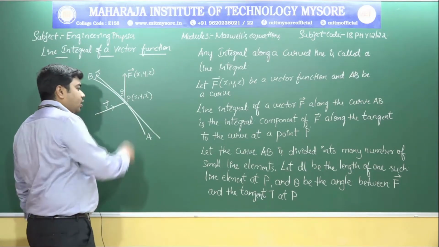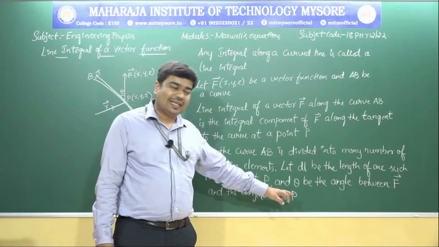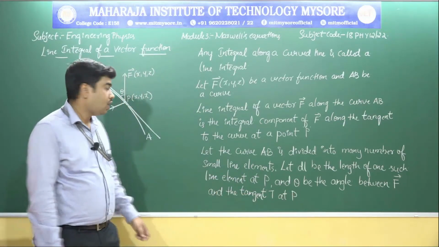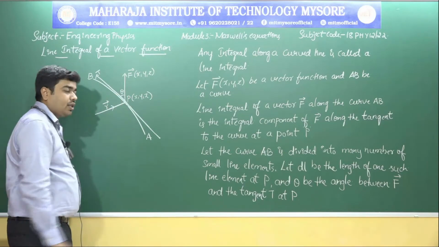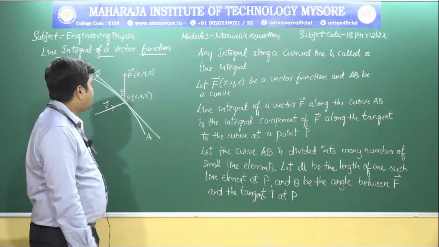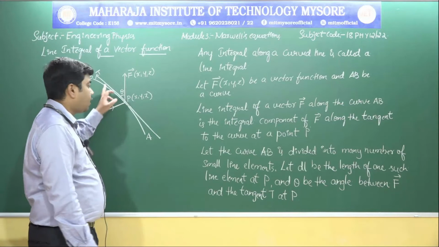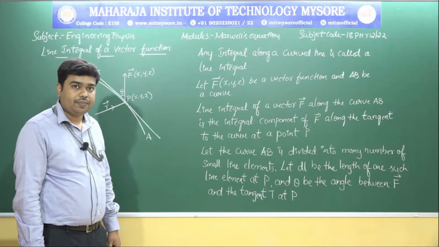Let dl be the length of one such line element at point P and theta be the angle formed between the vector f of x, y, z and the tangent drawn at the point P.